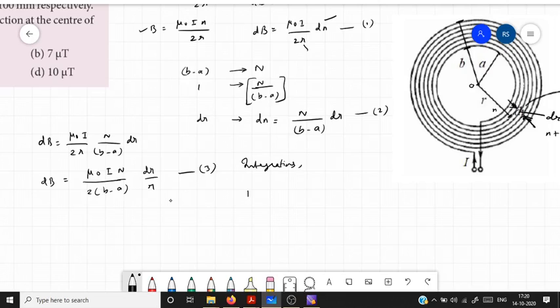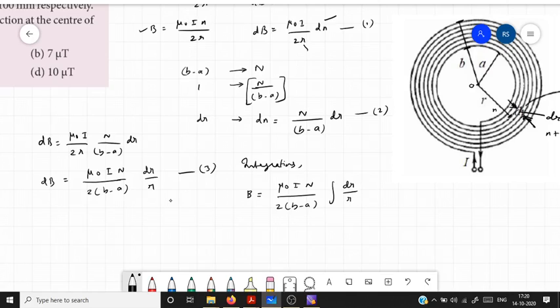We will get B on the left hand side, since the integration of dB will be B, which is equal to, let us take all the constants out and do the integration only for the variables, dr by r.